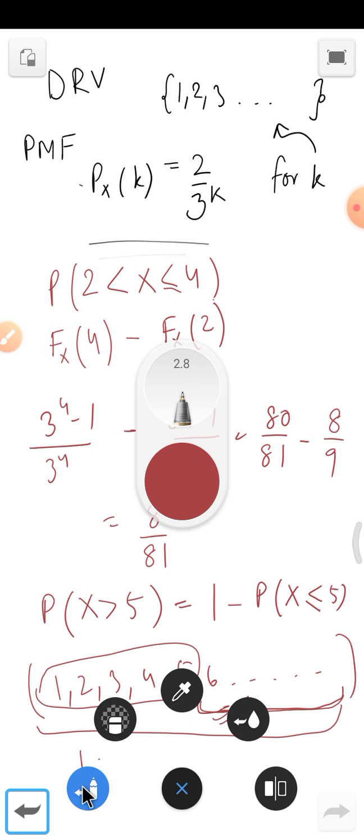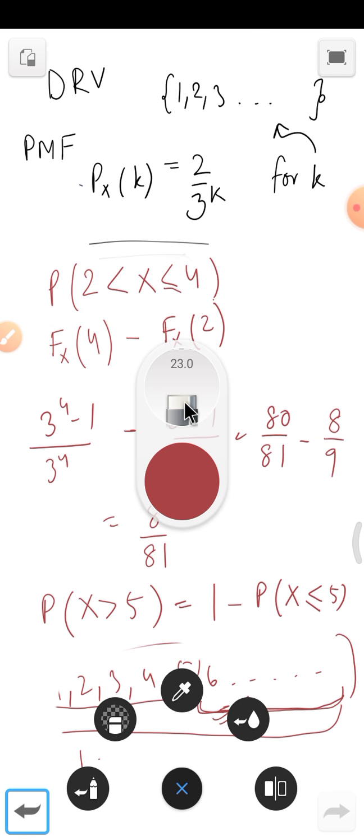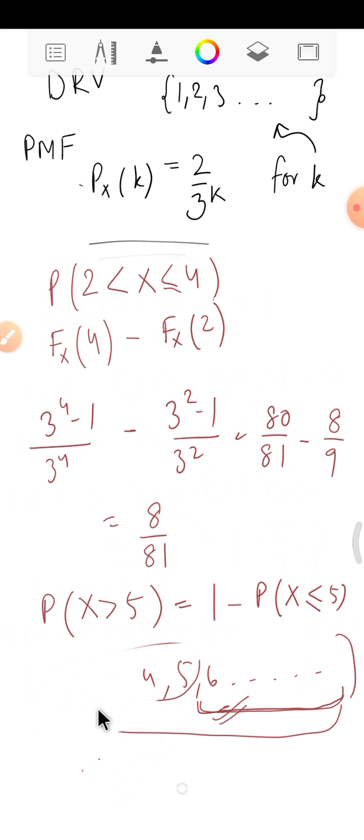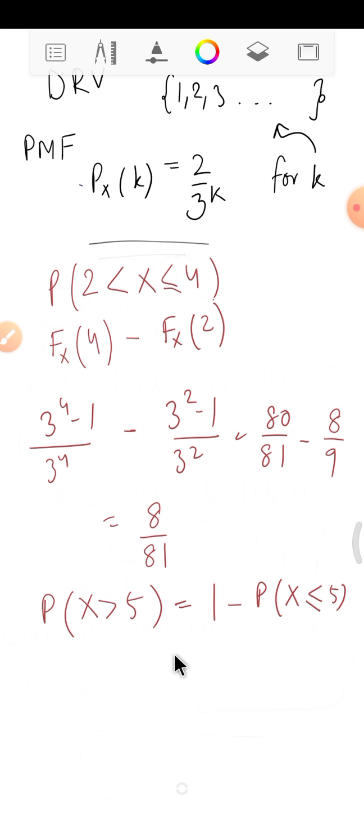So in this question we can use it. 1 minus P of 5 we can calculate again from this one. 3 raised to power k with k as 5, so 3 raised to power 5 minus 1 upon 3 raised to power 5. 1 minus 242 by 243.